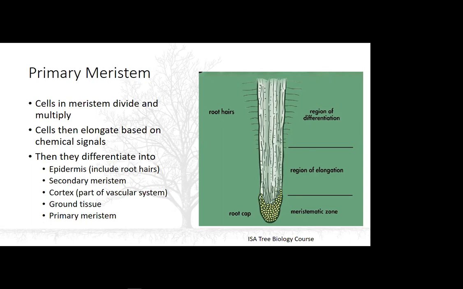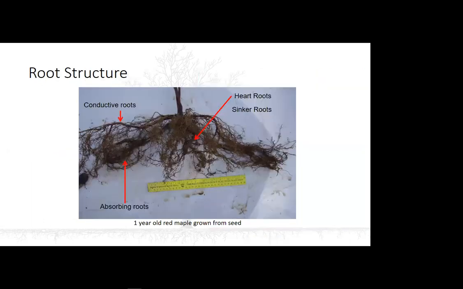The cortex, which will become part of the vascular system, may be producing secondary meristem, because once the root has extended, just like above ground, you get growth rings in the roots and you get new growth in those roots every year. So this is what a root system might look like.